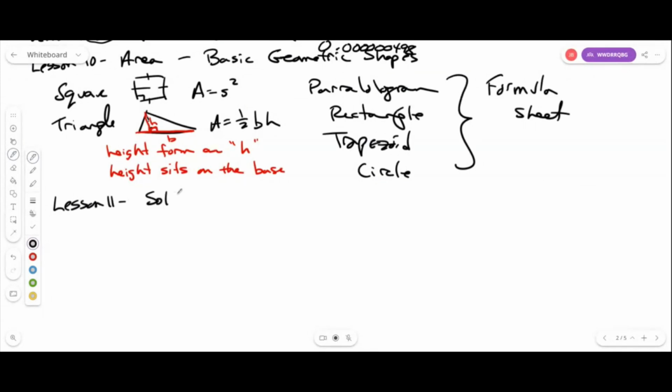Then we did solid figures. And we found out there were 3 classifications. The first being prisms/cylinders.